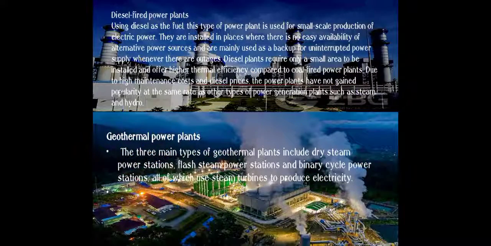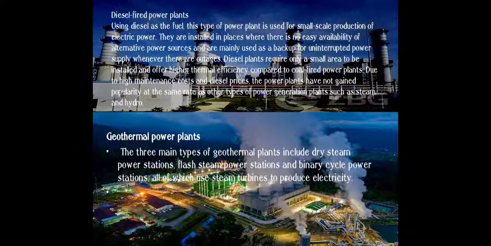Diesel-fired power plants. Using diesel as the fuel, this type of power plant is used for small-scale production of electric power. They are installed in places where there is no easy availability of alternative power sources and are mainly used as a backup for uninterrupted power supply whenever there are outages.